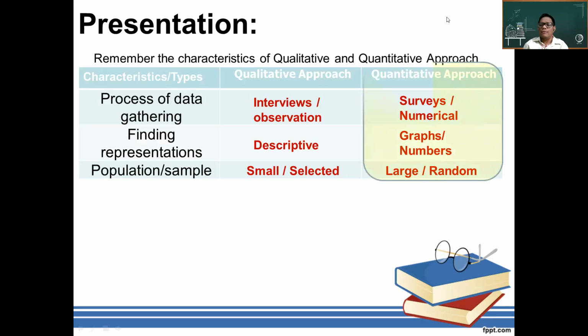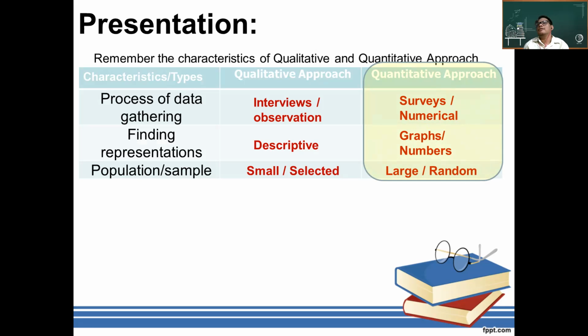Because I want you to focus on this. Quantitative approach has surveys, numerical, numbers, graphs, and a large or random population. I want you to focus on this one because this is what our study is all about.